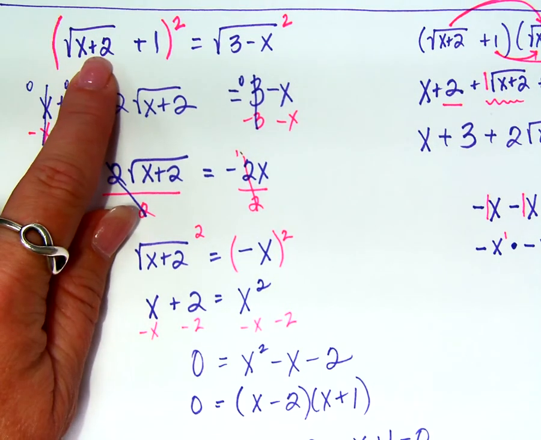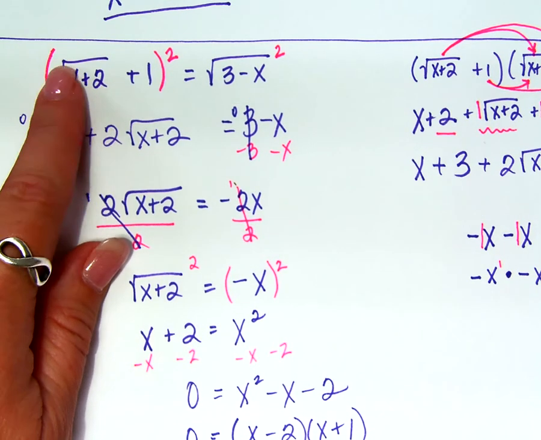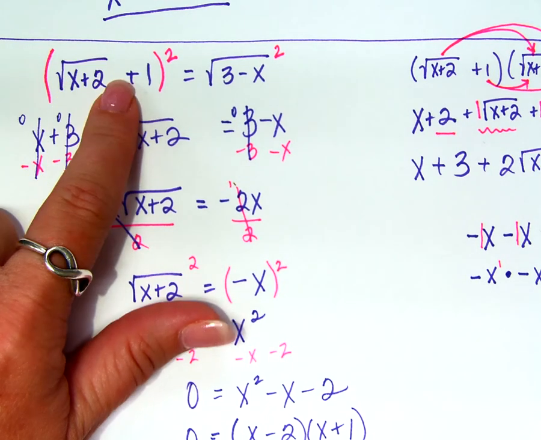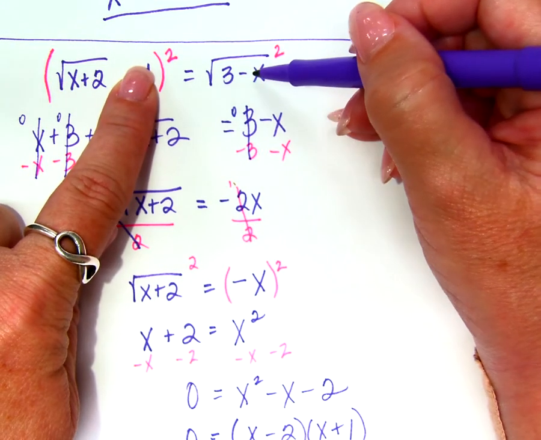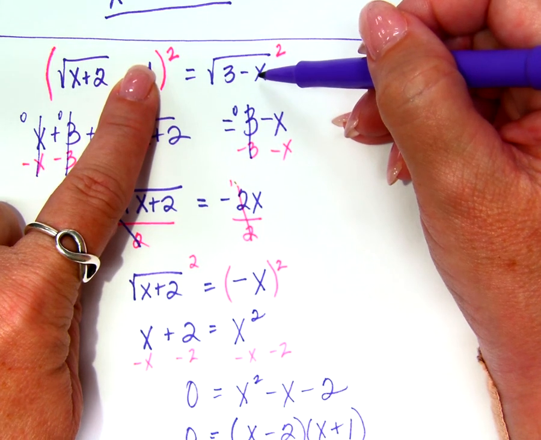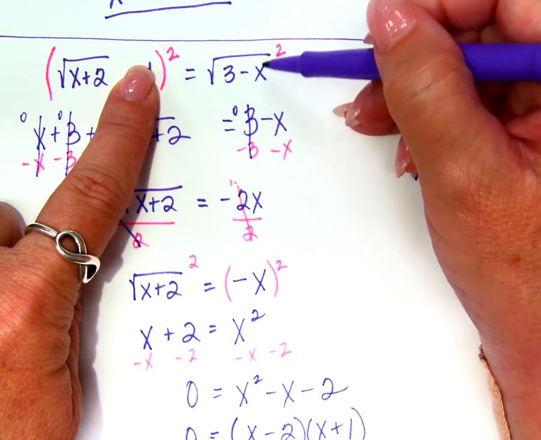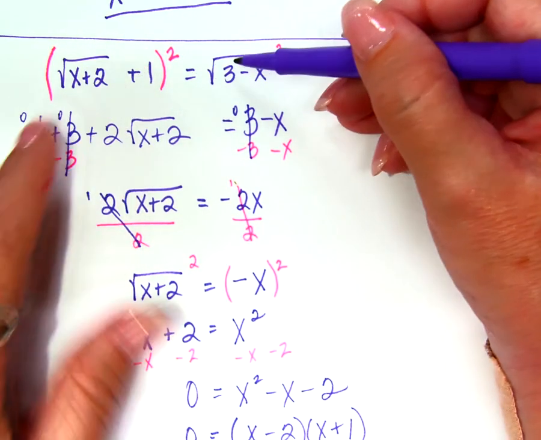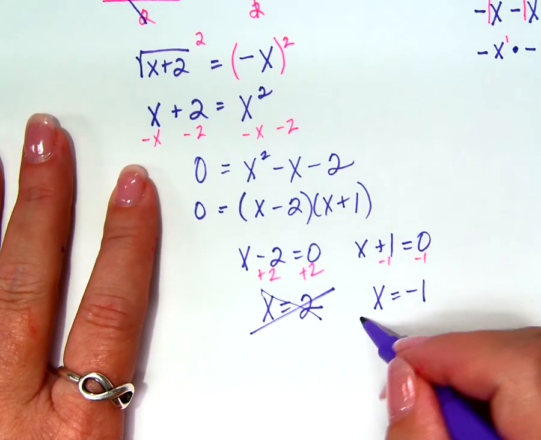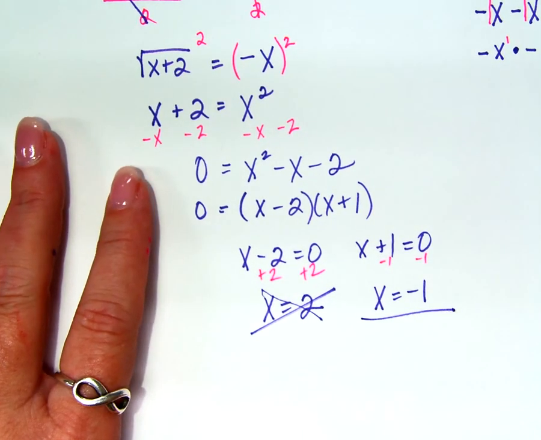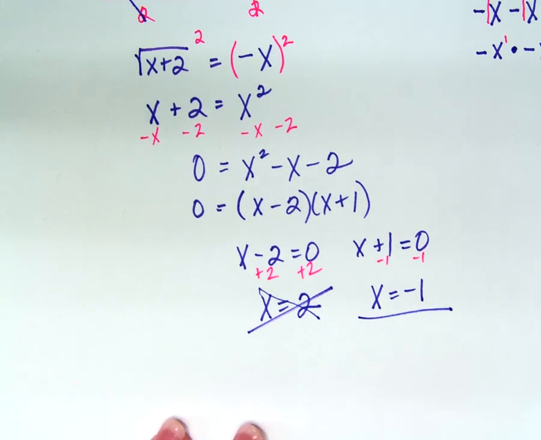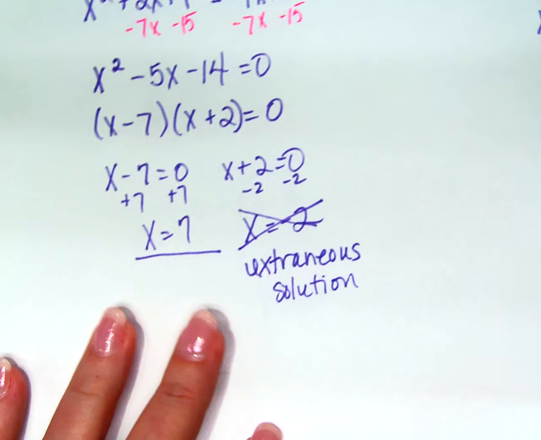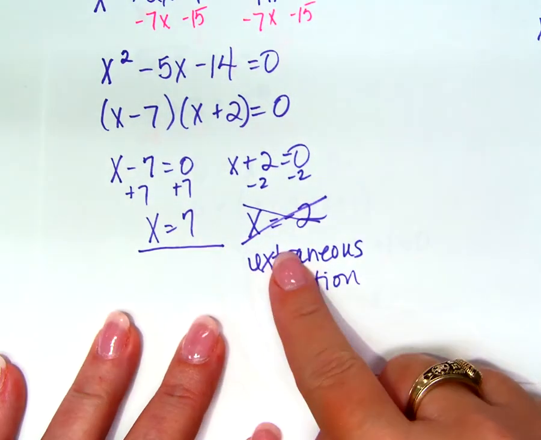Let's try negative 1. Negative 1 plus 2, 1. What's the square root of 1? 1. Plus 1, 2. 3 minus a negative 1, positive 4. What's the square root of 4? Does 2 equal 2? Then that one is a correct answer. Okay? Now, I did this example on purpose because of this example I did for you earlier.